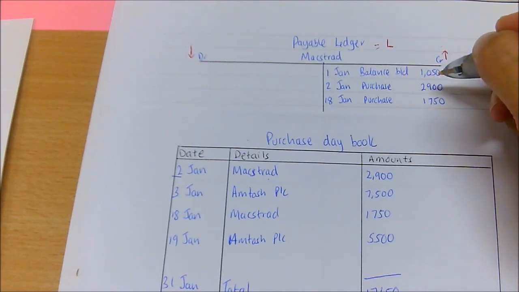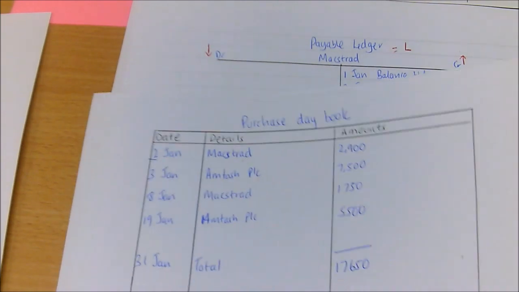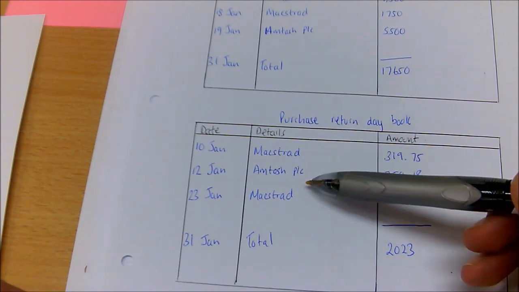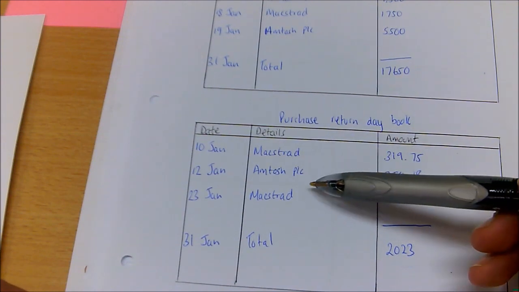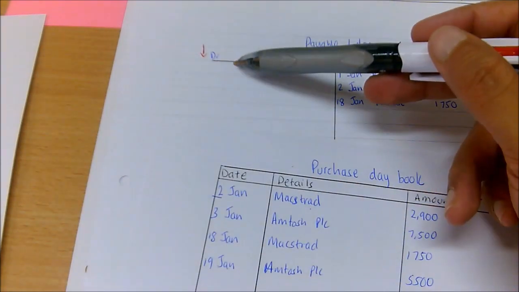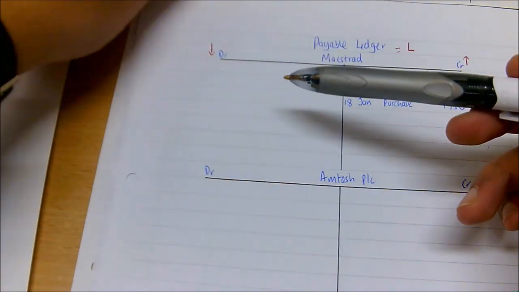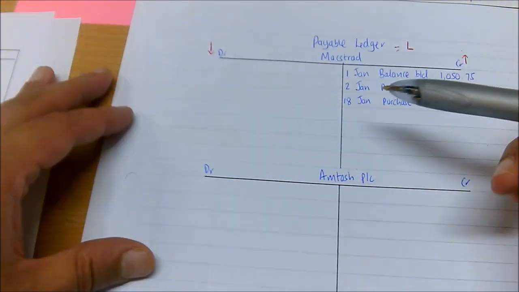1,750. Now if you look at our purchase return account, there's two purchase returns that we have as well, on the 10th and the 23rd of Jan. We need to put them on the debit side of the account because they reduce the amount that we owe to our supplier.